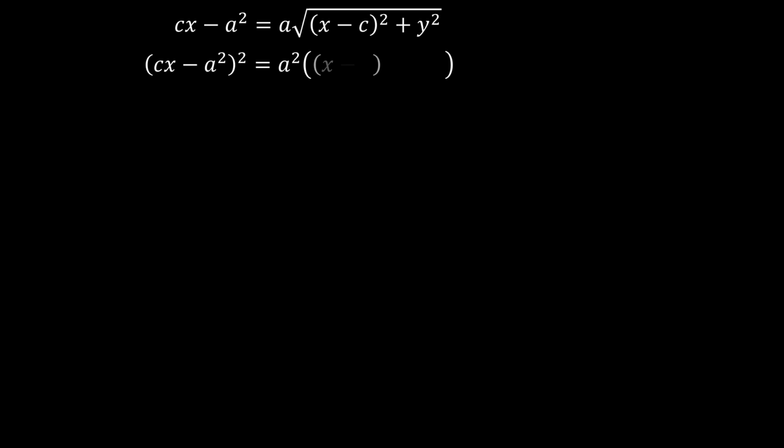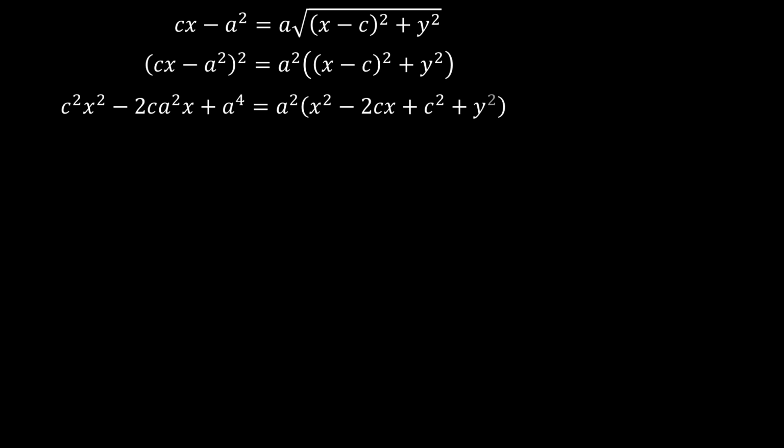Going forward, as we can see, if we square both the left and right hand side again, we have cx minus a squared, all squared, is equal to a squared times open bracket x minus c squared plus y squared. So we expand whatever is on the left hand side and what's on the right hand side.